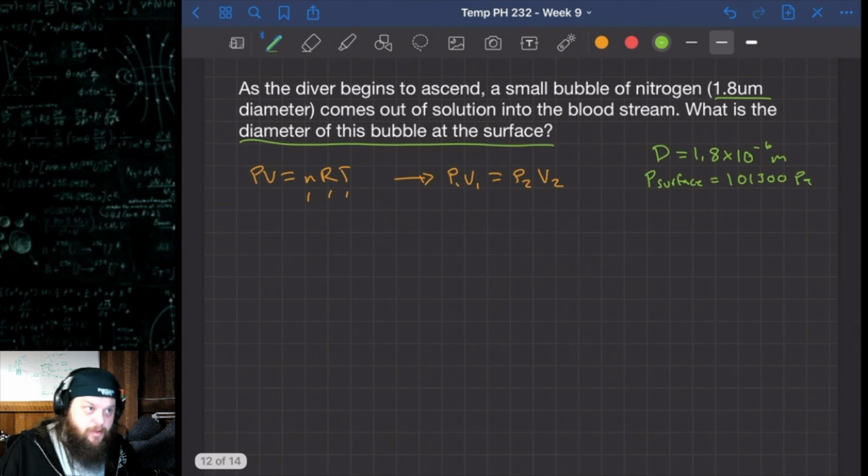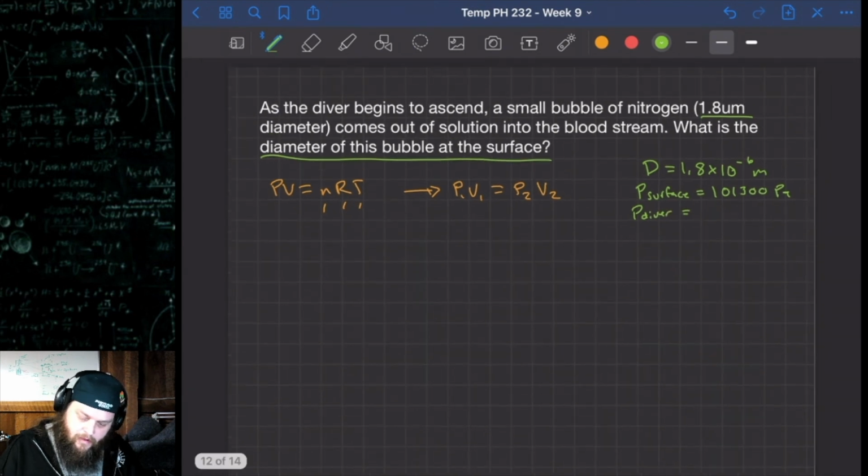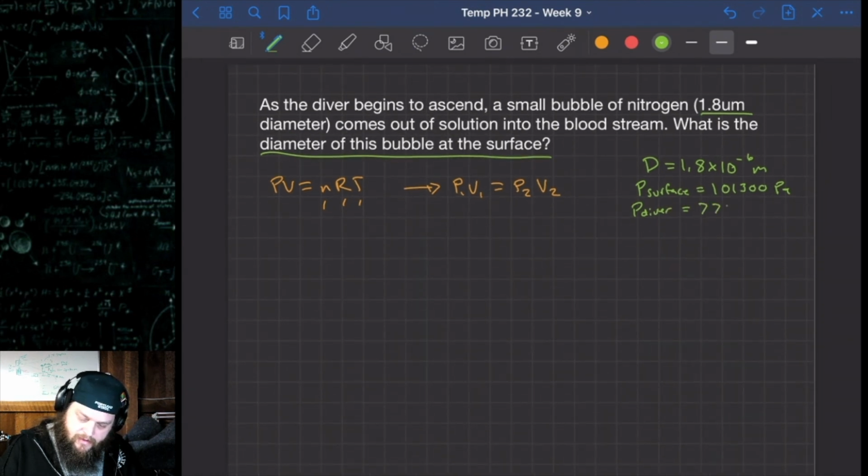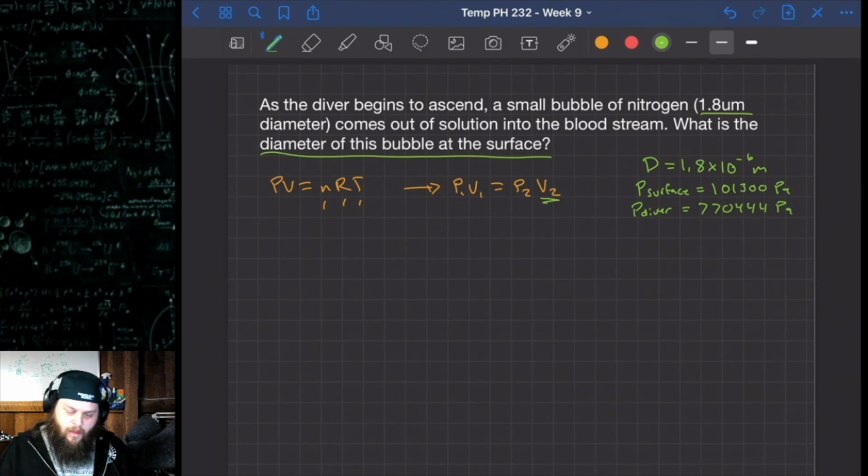And the pressure at the depth of the diver is 770,444 pascals. So now we can just solve for the volume at the surface.